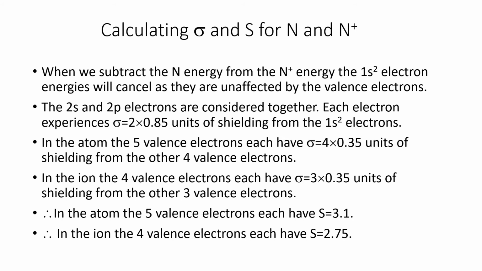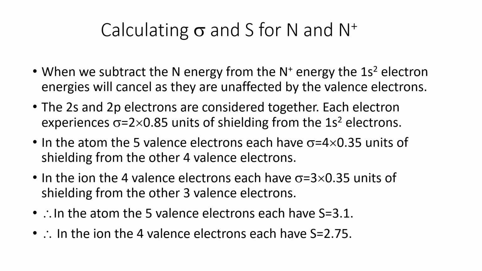And each of those other 4 will contribute sigma equals 0.35 from Slater's rules, this fairly inefficient shielding. Whereas in the N+ ion, of course, there's only 4 electrons in the valence shell left over after the ionisation process. So for any one of those 4 electrons, they're getting shielding now from just 3 others. And so therefore, each of those valence electrons has sigma equals 3 times 0.35 shielding from the other valence electrons.